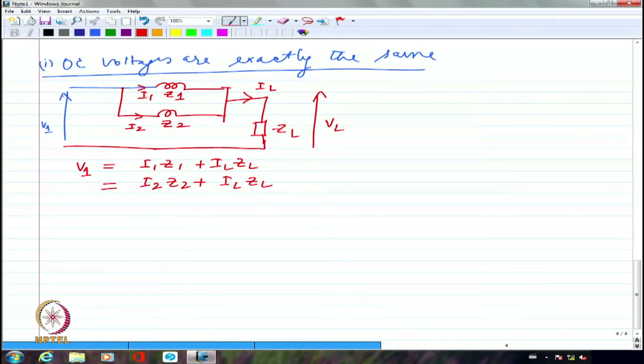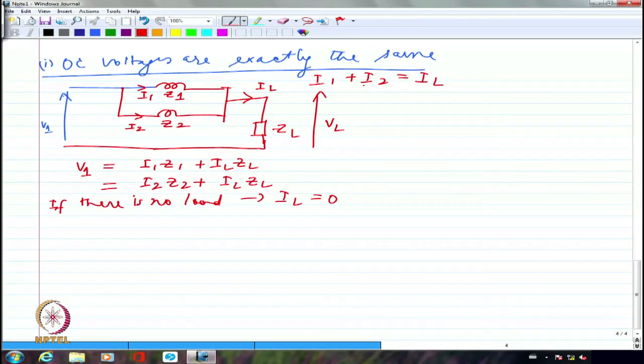So, this is going to be valid if there is no load. Then I am going to have IL equal to 0. And I can write definitely in this case I1 plus I2 equal to IL, Kirchhoff's law. So, if IL is 0, I1 is going to be minus I2 and vice versa. I1 will be equal to minus I2.